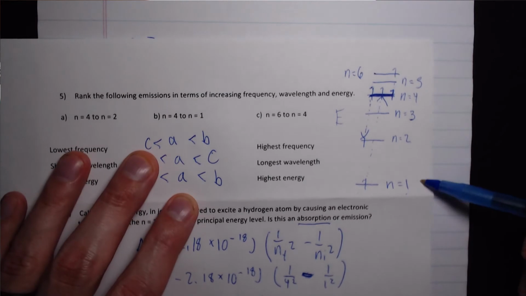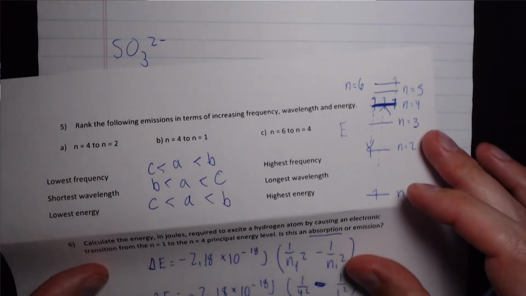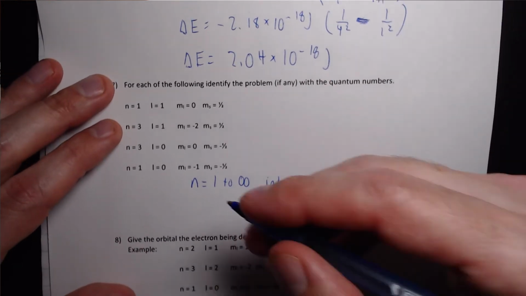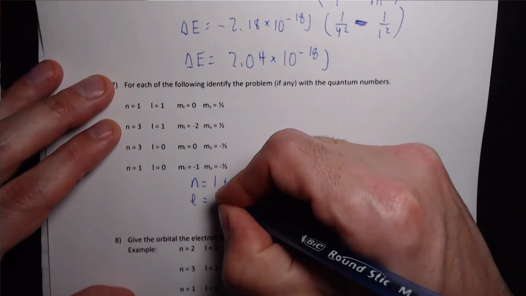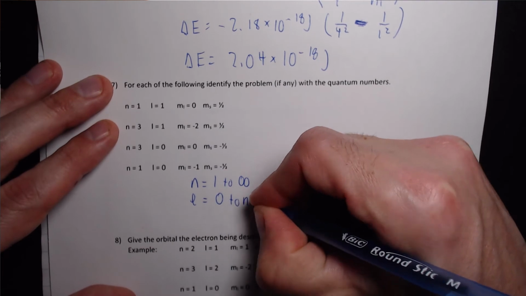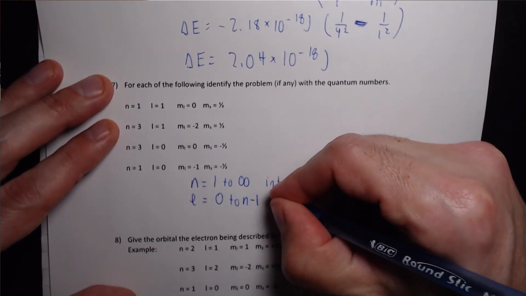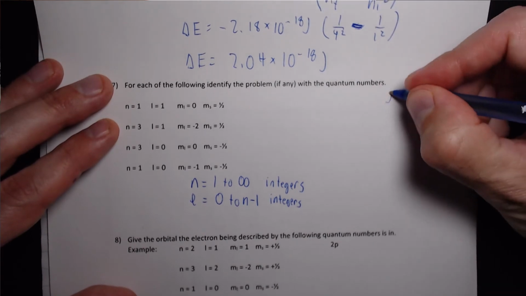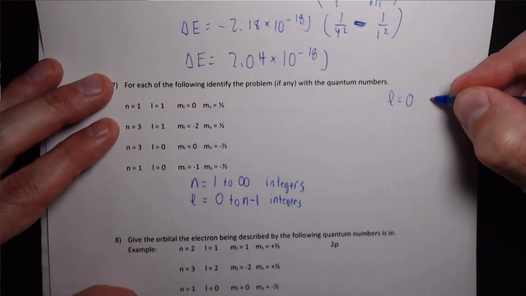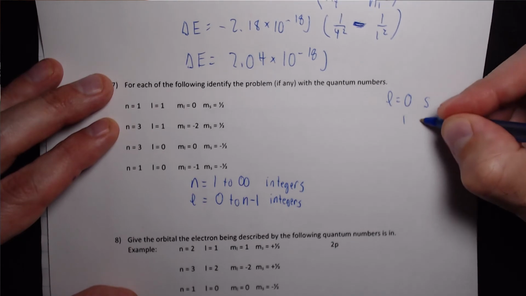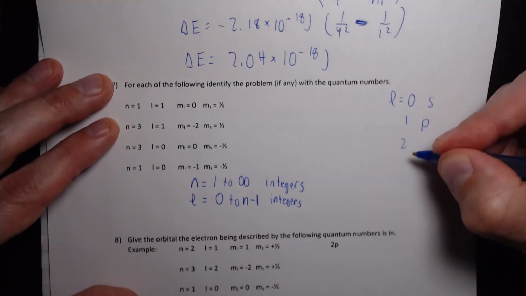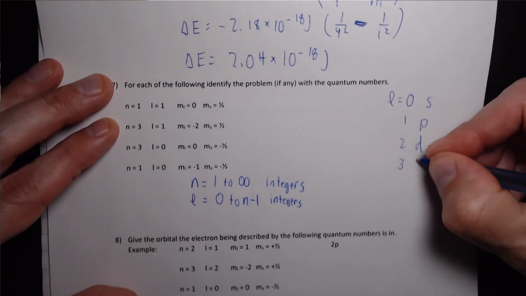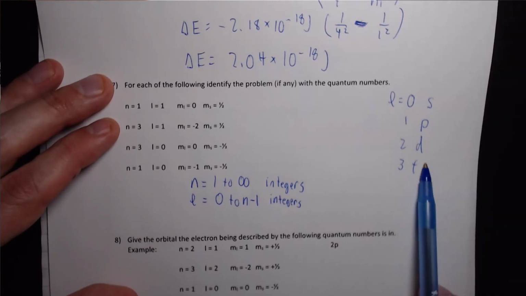Now the values of L: L equals 0 to n minus 1, again integers. If L equals 0, we call that an s orbital. If L equals 1, it's a p orbital. If L equals 2, it's a d orbital. And if L equals 3, it's an f orbital, which probably won't come up.